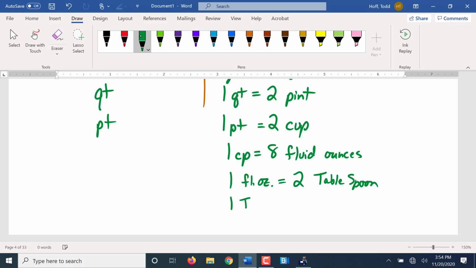And yes, the tablespoon contains 3 teaspoons. The teaspoon was a tiny little spoon that was used for adding sugar to your tea. 1 teaspoon was equivalent to 1 sugar cube, so it was a little bit smaller.